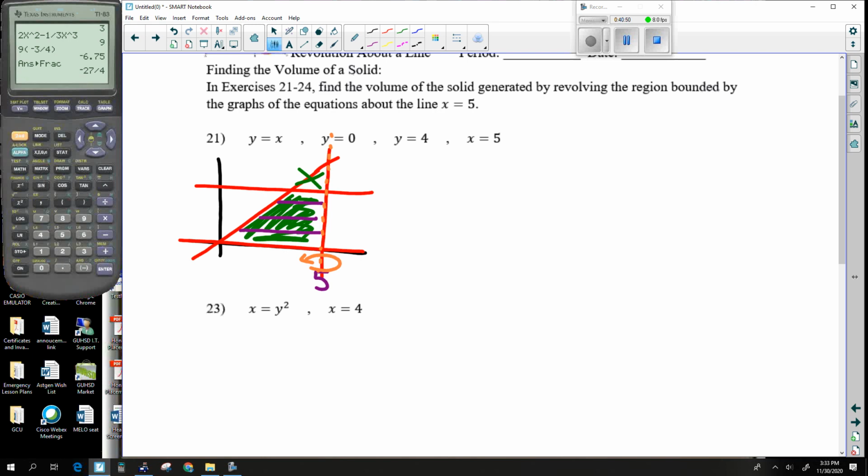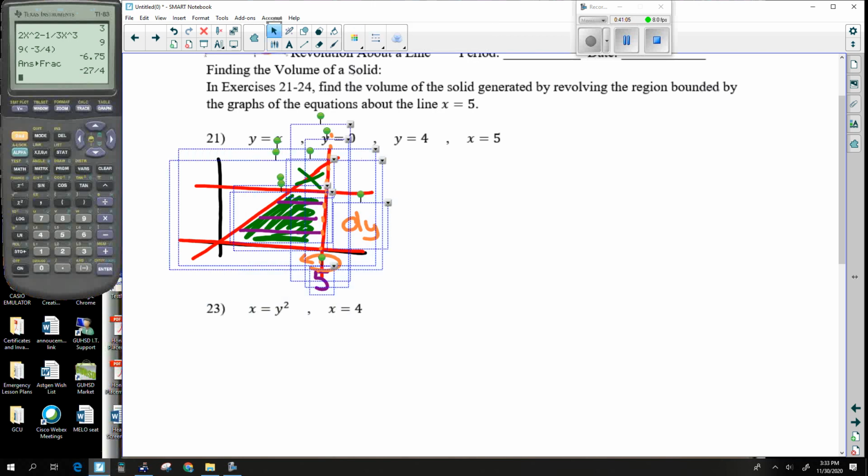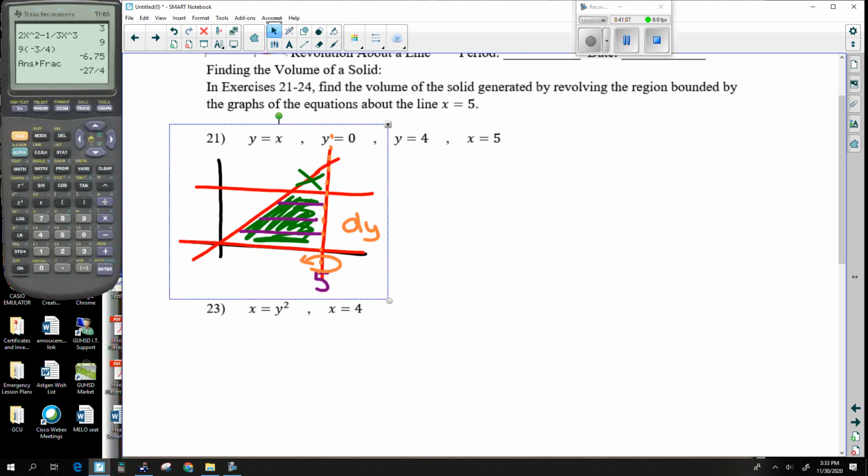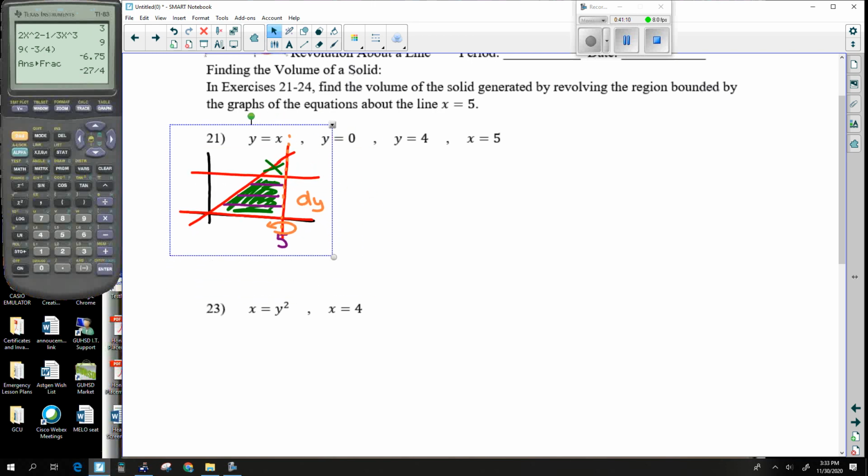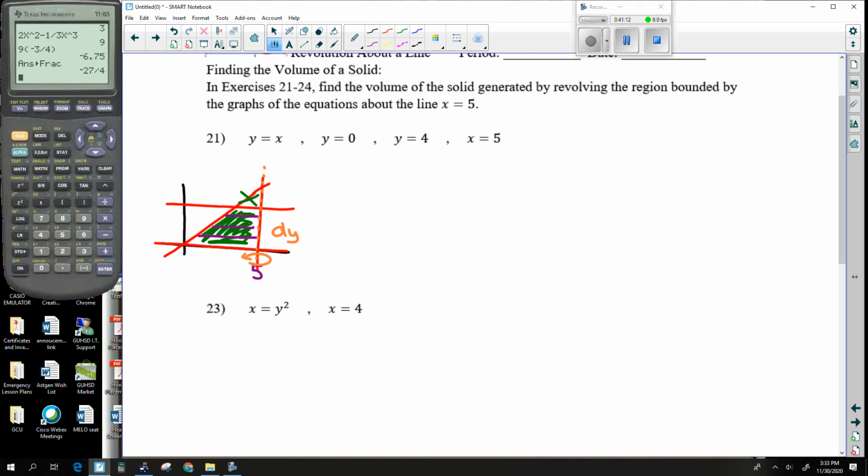All right, so this is set up to go dy style, and so this is going to be the disk method, big radius minus little radius, with the manipulation of a -5. So 0 to 4 of the big radius.